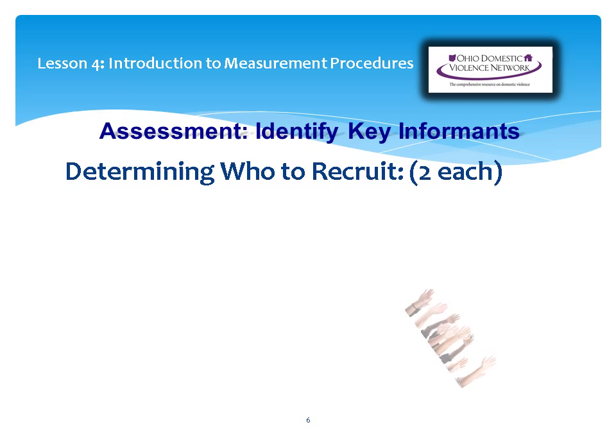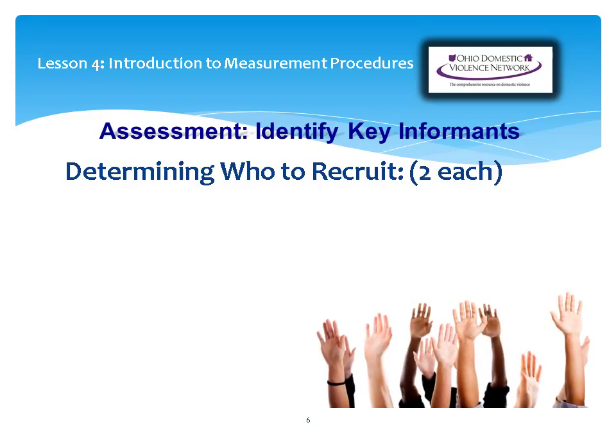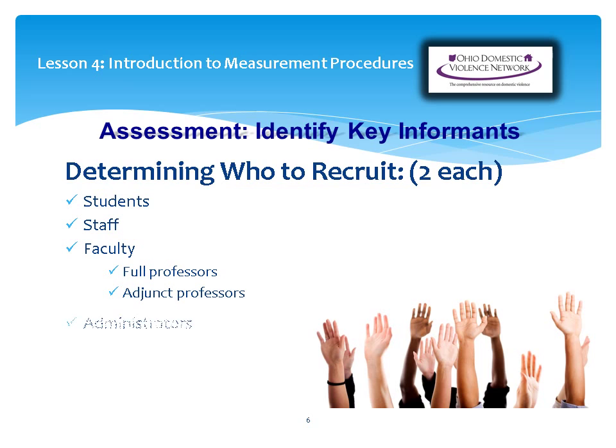One methodology for identifying key informants is to interview 2 each from the following groups: students, staff, such as campus security, Title IX coordinators, or administrative assistants, faculty, both full and adjunct professors, and administrators, such as the Dean of Students, the Dean of Academic Affairs, or other administrators on campus.